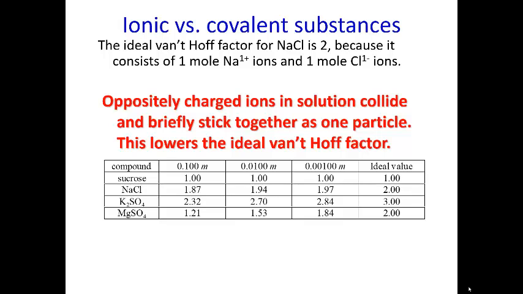So you have to account for the fact that these solutions are not ideal when you do your real calculations. Again, this is not going to be something that you're really going to have to worry about, but it should make sense that these concentrations increasing is going to cause these ions to find each other and not act like a true perfect solution.